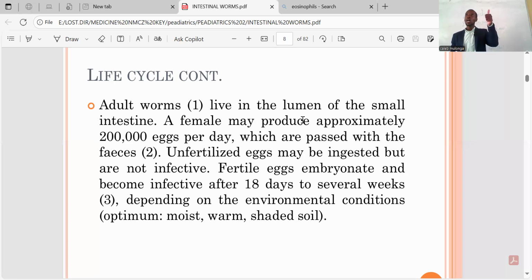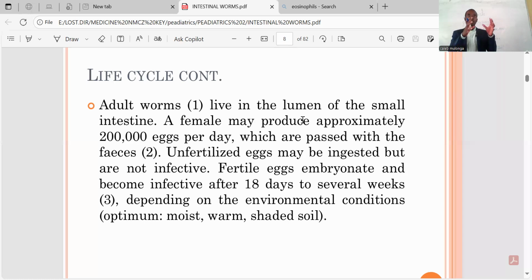So we said number one, the worms live in the lumen of the small intestines. Number two, the female adult worms produce approximately 200,000 eggs per day, and these eggs are passed through feces.